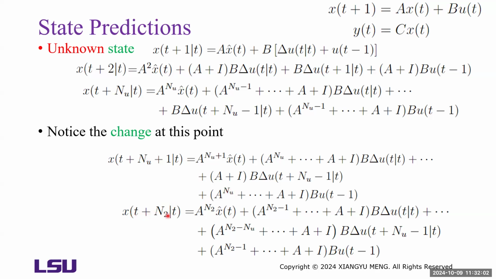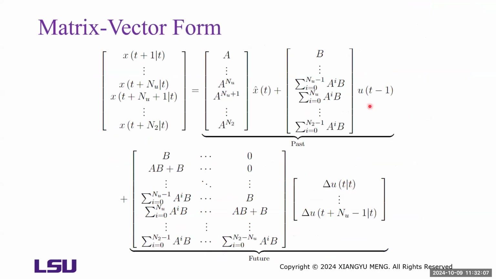For t plus n2, it will be a n2 minus 1. So for u t minus 1, starting from b, then the sum of polynomials of a, we always have a b here, and its degree will be 1 degree less than k. So here the highest degree of a will be nu minus 1. If it's nu plus 1, here will be nu. This n2 here will be n2 minus 1.